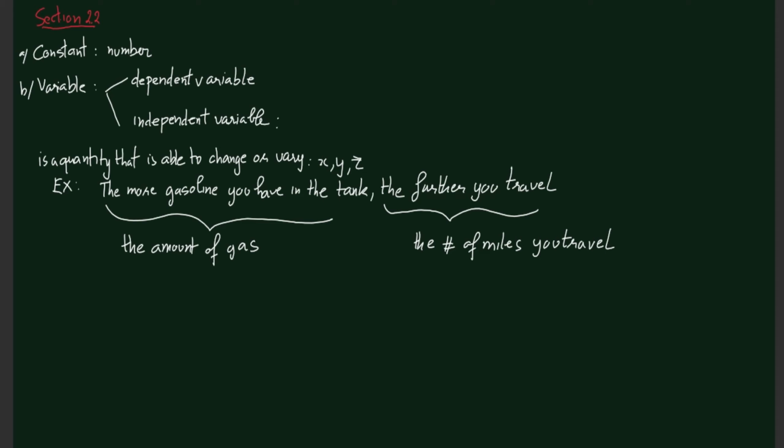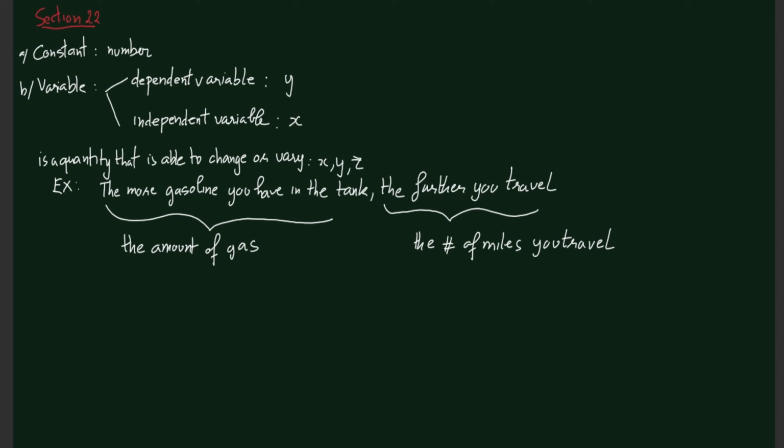Well, you can use any letter you want, but most of the time it's X and Y. So X is the independent variable and Y is the dependent variable. Okay, so we have to see over here which one is X and which one is Y.